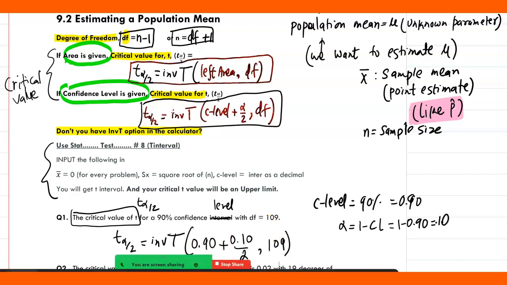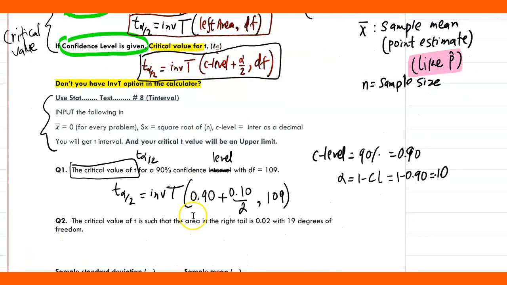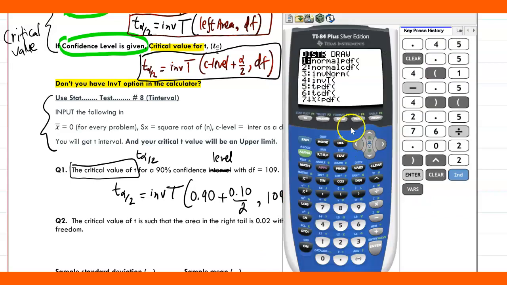You guys watch these steps here. I use the second function here to find the critical value for t. invT 0.90, because this confidence level is 90%, is 0.90. You have to use decimal. Plus alpha, 0.10 divided by 2. That's the formula, comma, degree of freedom. Let me put that in the calculator.